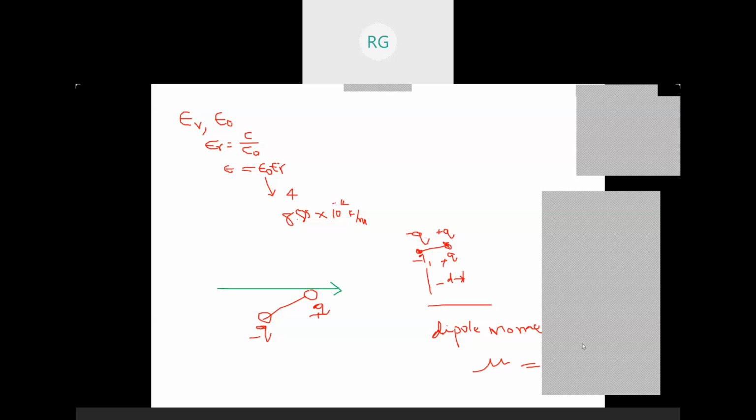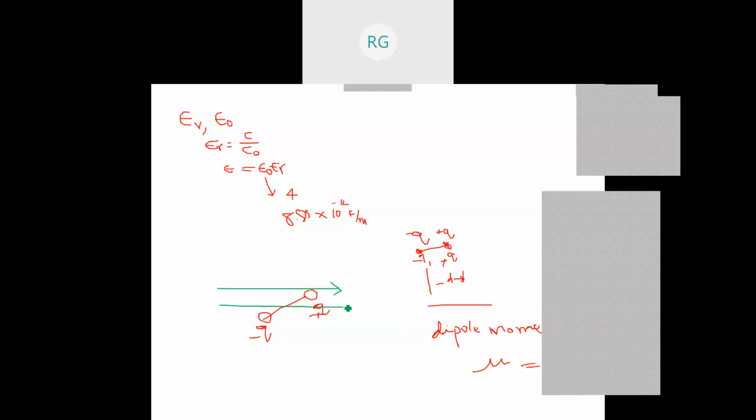So we look at the charge, where the external field has been kept like this. This is the external field E applied, and this is charge plus q and this is charge minus q. We know that the force acting on a charge q is E into q.